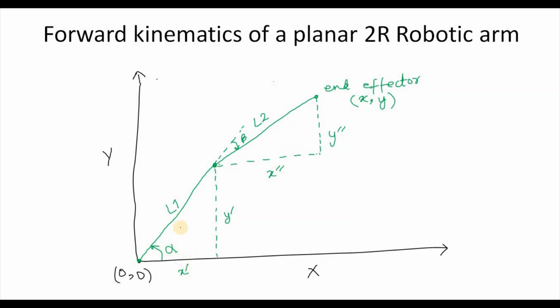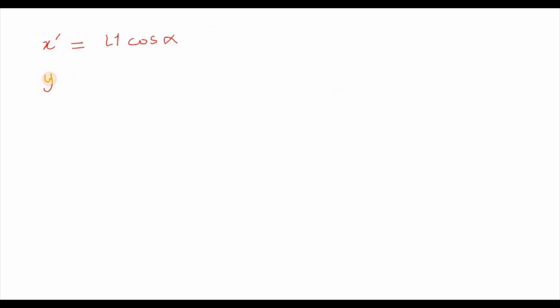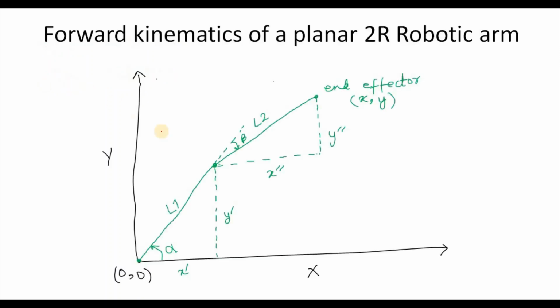The value of x dash is cosine of angle alpha multiplied by length L1. Similarly, we can calculate y dash, which is L1 sine of alpha. So now we have the coordinates of the intermediate joint. Once we have calculated them, the next step is we take this as a reference frame. Here we attach our reference frame.